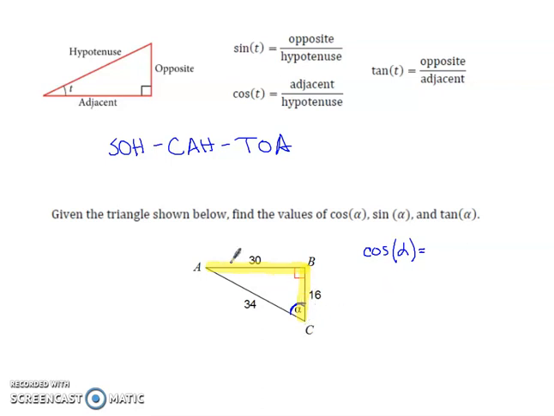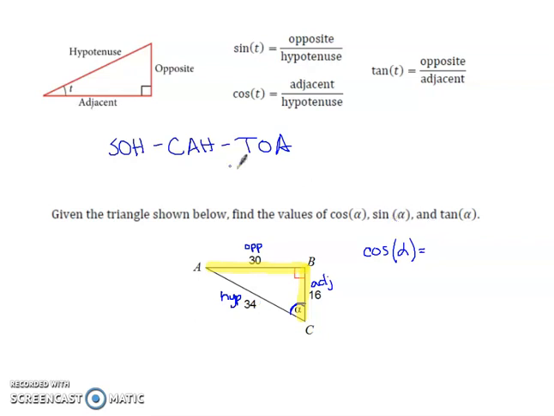Since we're looking at alpha, my 30 is going to be opposite and my 16 is going to be adjacent. If we were starting over here at A, then the opposite and adjacent would be in different places. But starting at alpha, 30 is opposite and 16 is adjacent, or touching. 34 is always my hypotenuse across from my 90-degree angle. Regardless, my hypotenuse is always across from that 90 degrees.